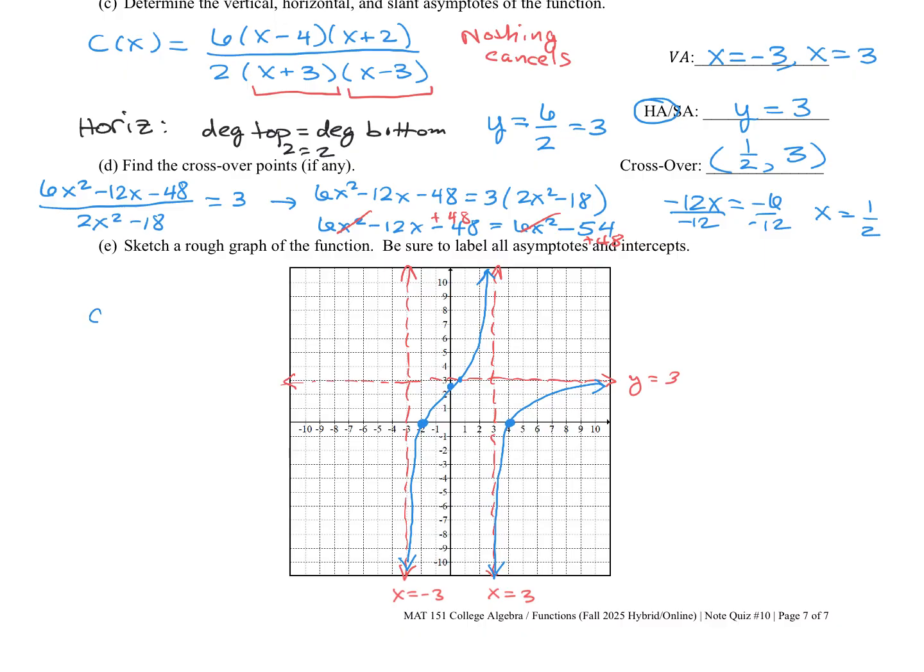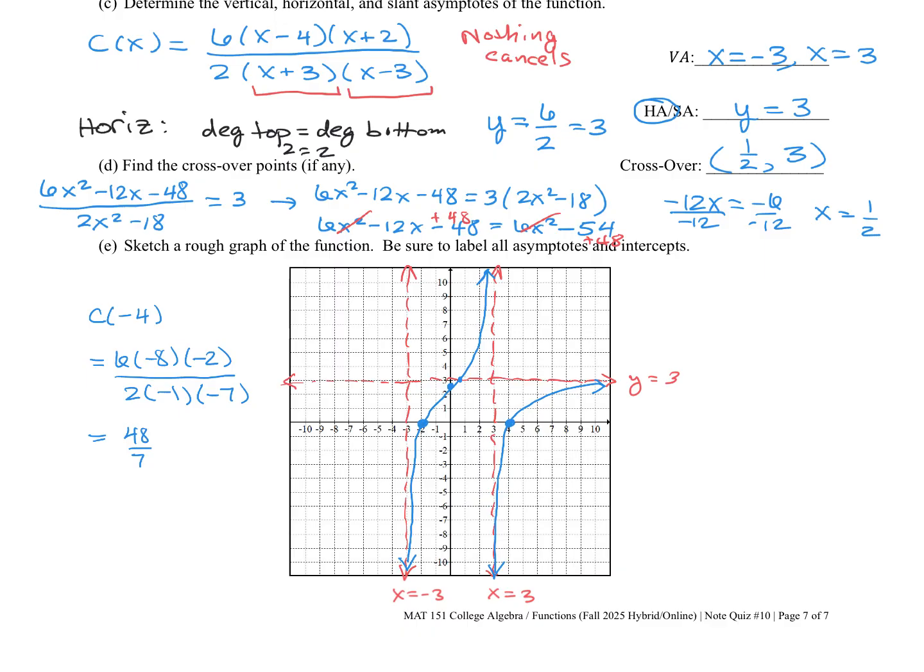So let's just calculate c of −4. When you calculate c of −4, you're going to have 6 times −8 times −2 divided by 2 times −1 times −7. That's going to simplify down to 48/7, which is just short of the number 7.